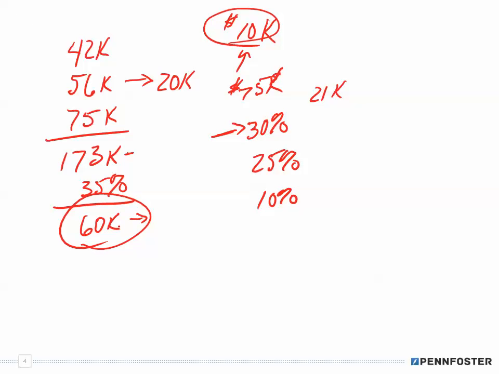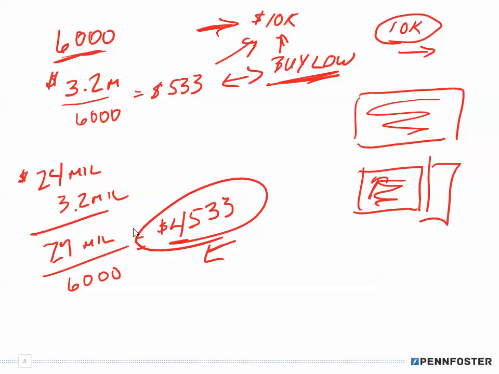There were 60,000 properties that are going to be actually auctioned off, and here we're only talking about this person buying up 6,000. So there's still 54,000 properties that are available. That's buy low.